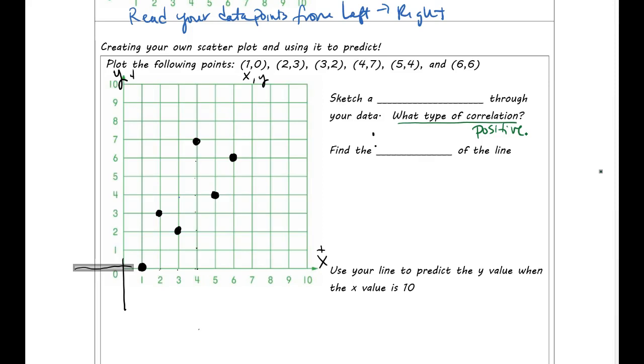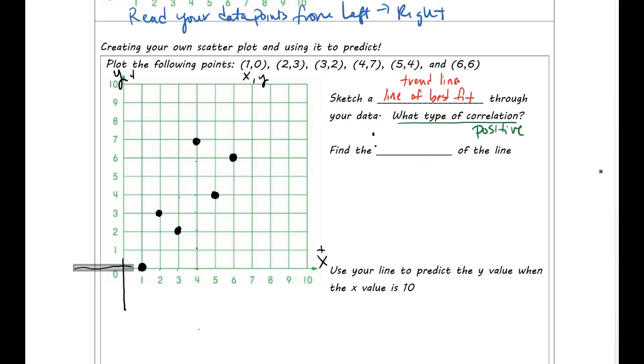And what you're able to do is once you notice that things are going up, you are able to sketch what's called a line of best fit through your data. Some teachers call it a trend line. I'll write that above it because I don't know what your teacher's going to say. They usually say line of best fit.